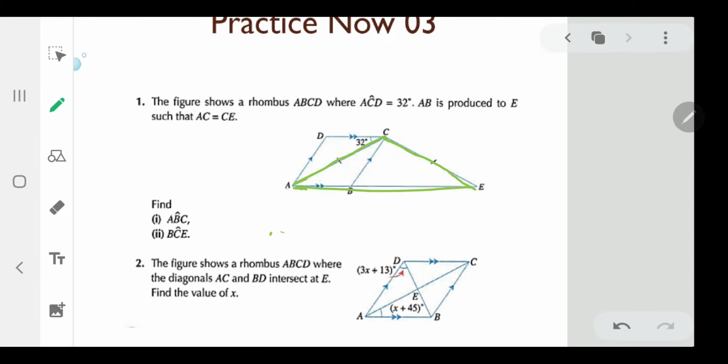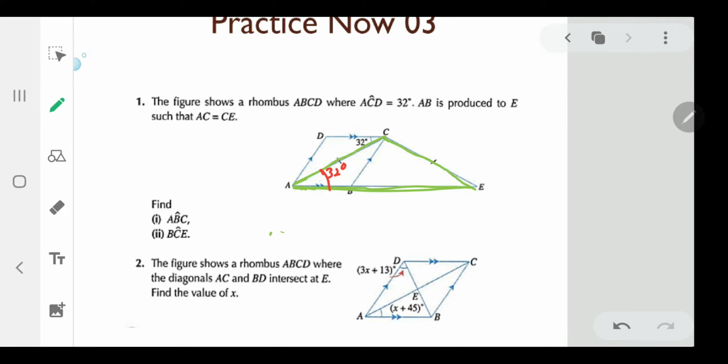This is the triangle. We have to consider this triangle first. So in this triangle, because we know that these are two parallel lines and this 32 is making an angle with this transversal, which is AC, what will be this angle? So this angle will be 32 degrees, right? This angle will be 32 degrees.